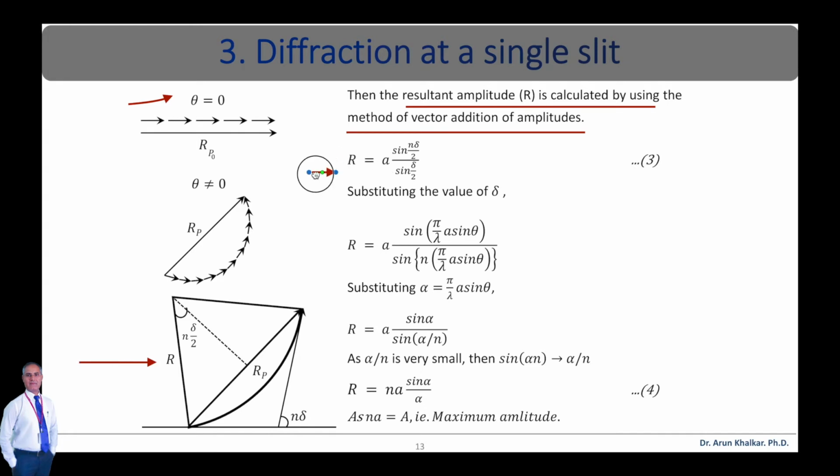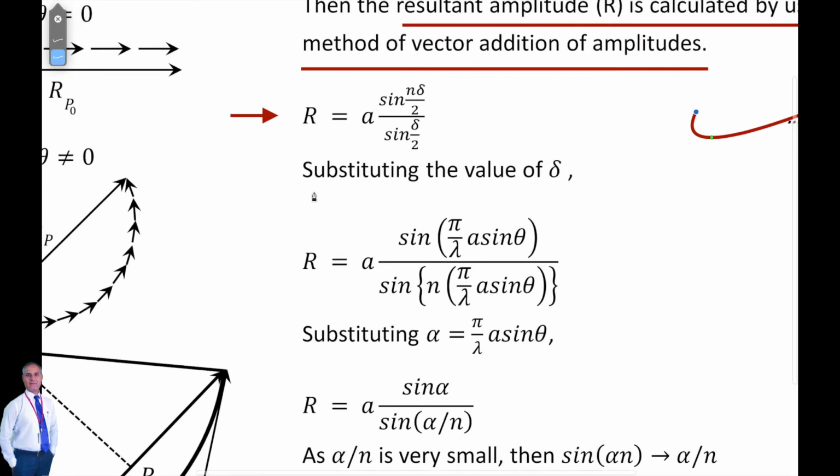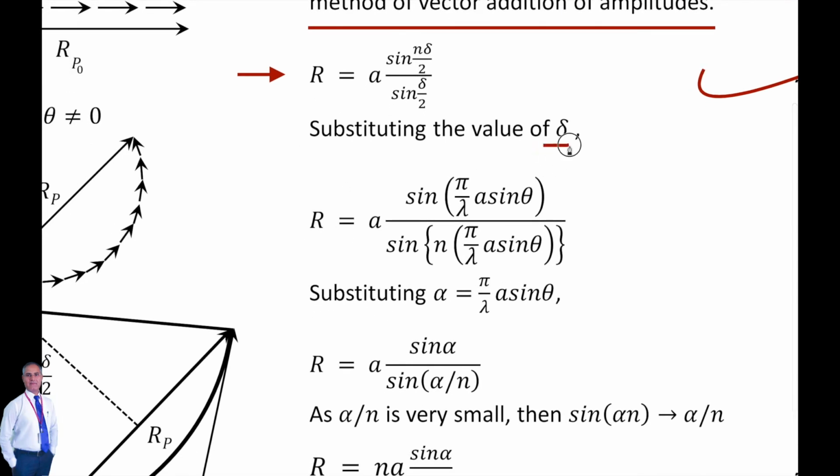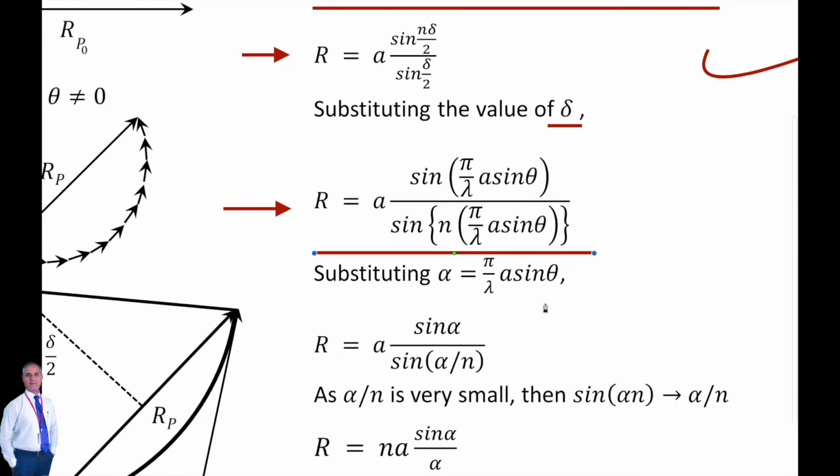This is equation number 3. Now by substituting the value of delta we can write r is equal to small a into sine of (pi by lambda a sine of theta) divided by sine of {(1 upon n)(pi by lambda into a sine of theta)}.